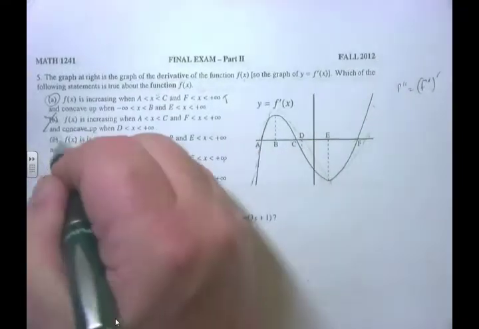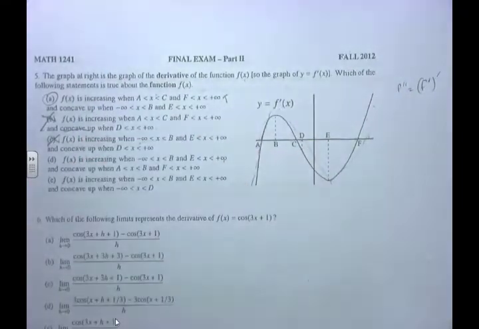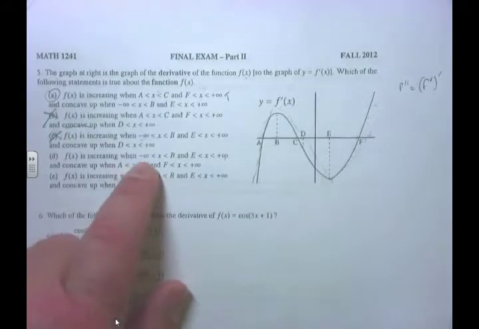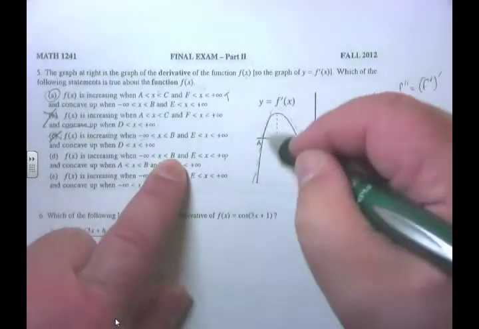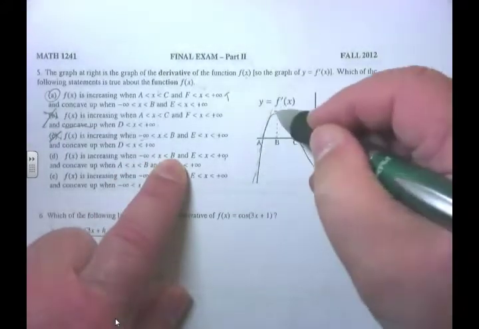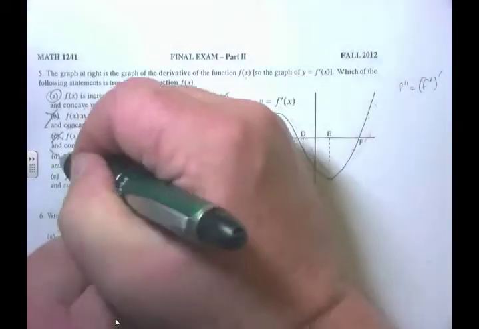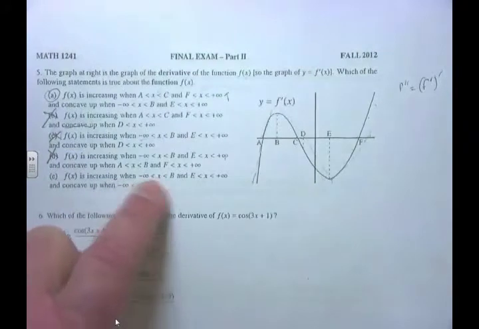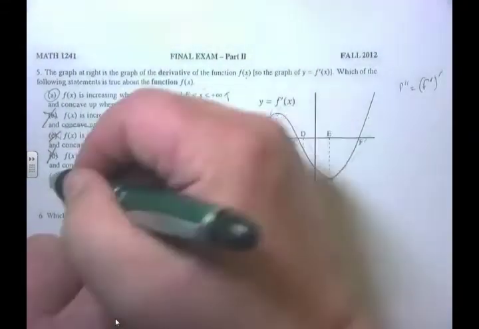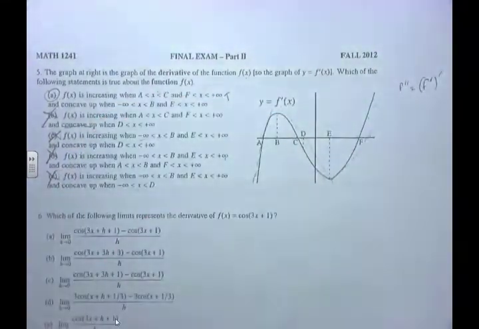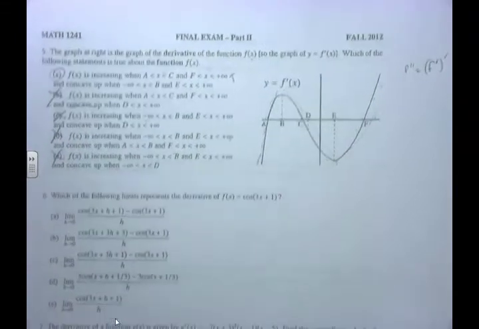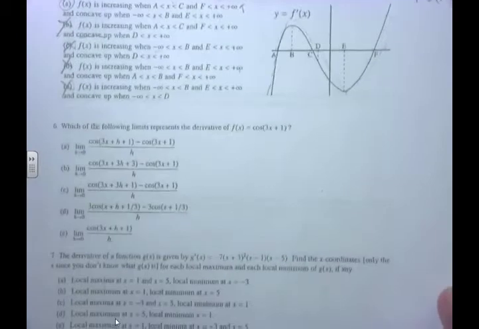So this part right here is false. So I'll forget the rest of it. Is f increasing from negative infinity to B? No, from negative infinity to B, it is concave up because the slope is positive, but it's not increasing there. So that's false. That seems to be the common thing here. All those are false. So which one is my answer? Like we thought, A. Let's take a look at number 6.